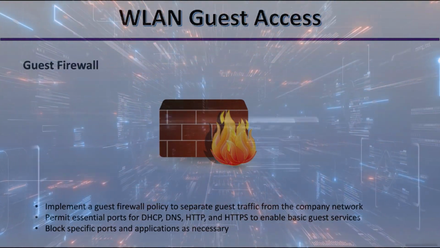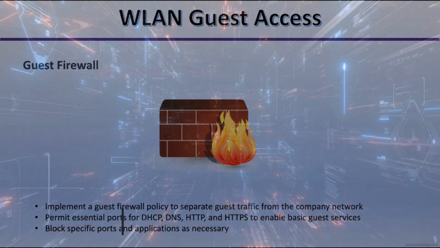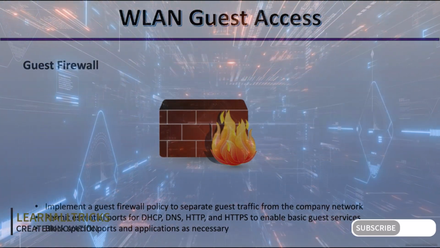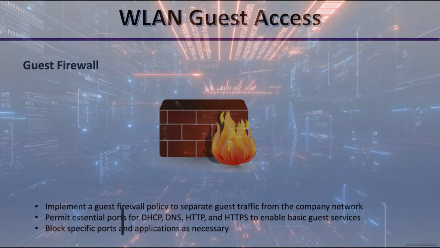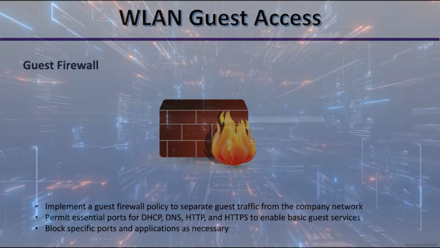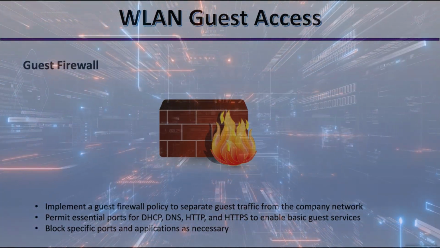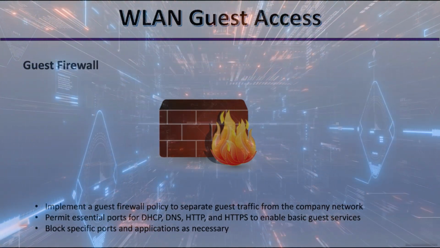For example, blocking SMTP and other email ports to prevent spamming through the guest wireless LAN could be done, although it's less relevant now that most mail services use SSL. Additionally, the security policy determines which ports and applications should be blocked or rate limited on the guest VLAN.